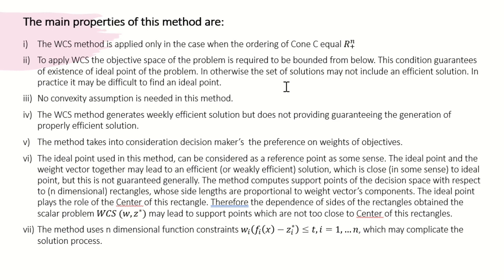This method also takes into account decision makers' preferences like weights and objectives, and the method uses an n-dimensional function constraint, and this condition may complicate the solution process. So we should be a little bit careful with this approach.